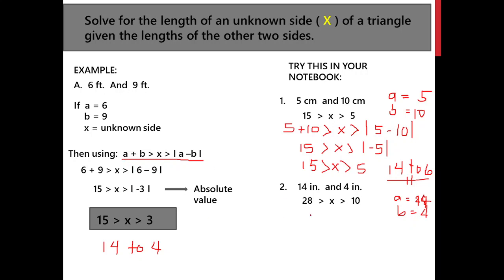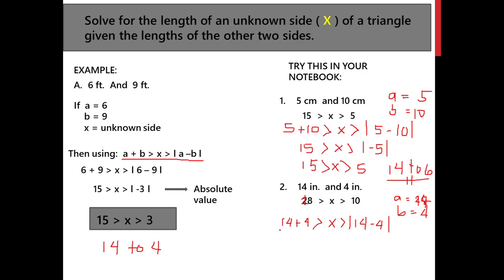Using the formula, you have a plus b, so you have 14 plus 4. So this is not 28. This is 18. So I hope you got the correct answer here. That is 18. And then it's greater than the third side, and the third side is greater than the difference of a minus b, which is 14 minus 4.